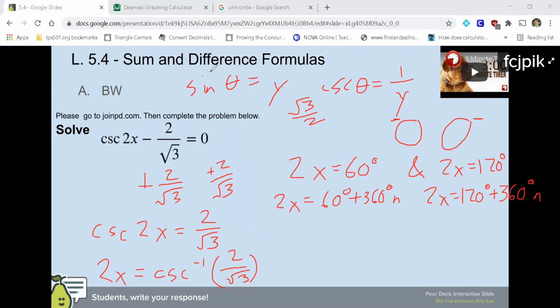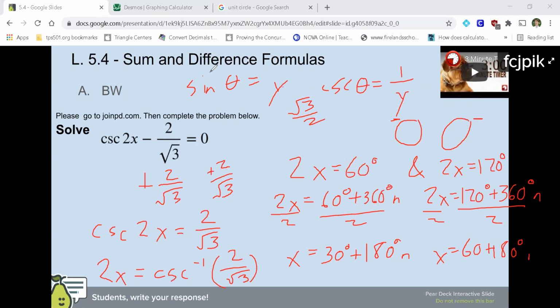And now we divide by 2. So we get x is 30 plus 180n, and x is 60 plus 180n.